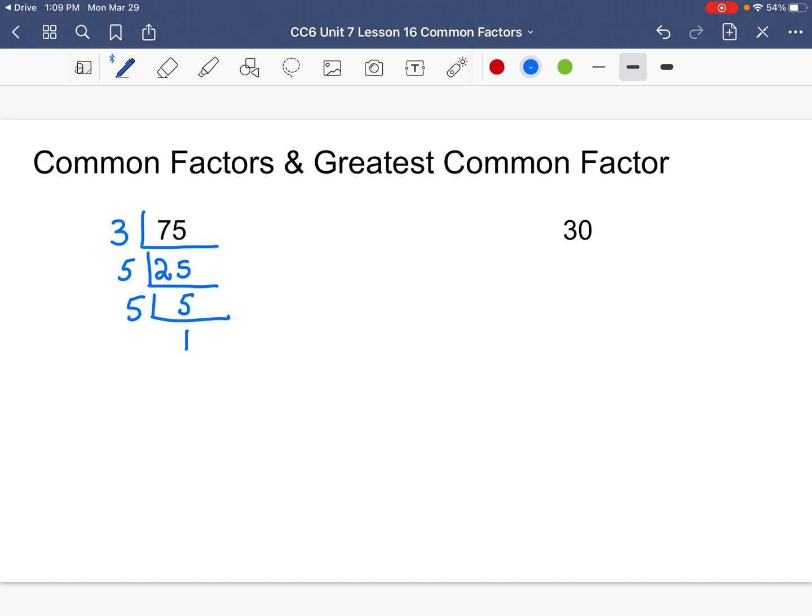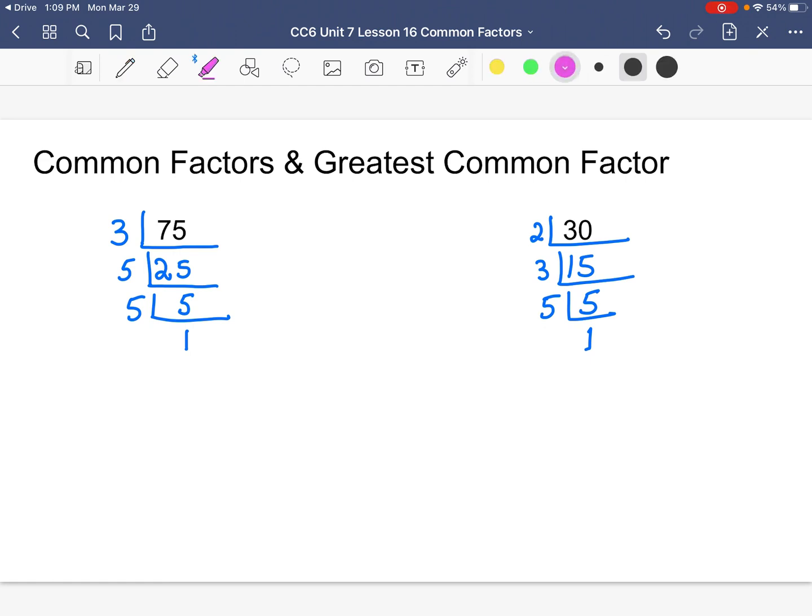Let's look at 30. I can divide it by 2. 2 times 15. I can divide that by 3 and get 5. I can divide that by 5 and get 1. When I get to 1, I stop.